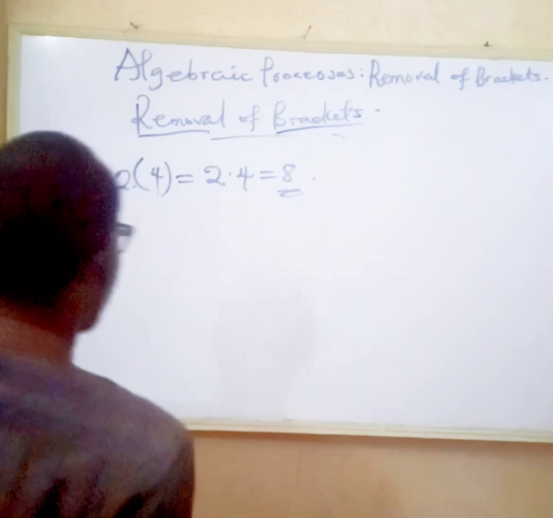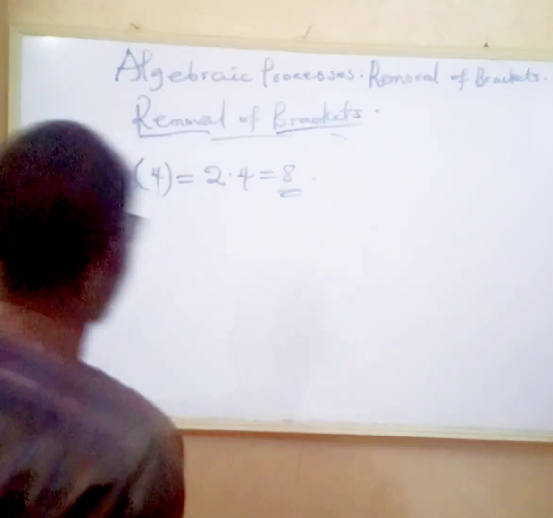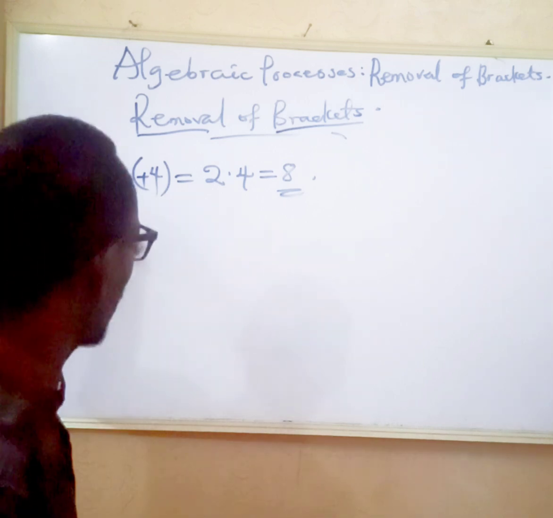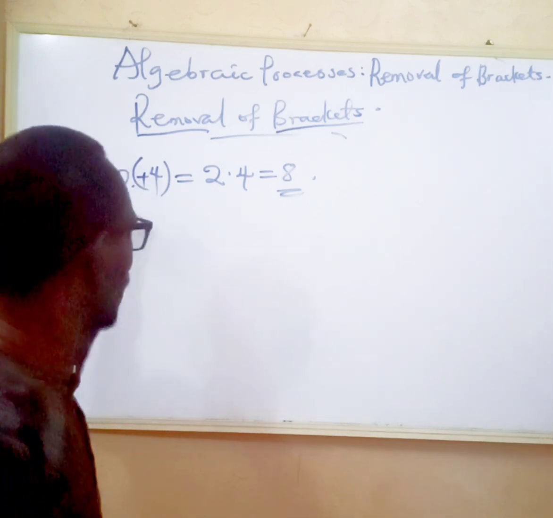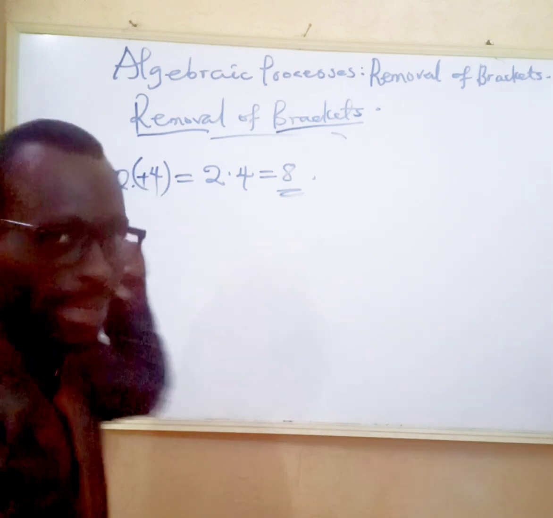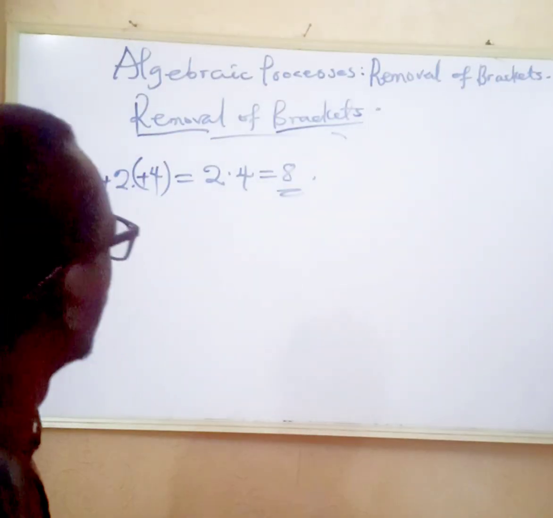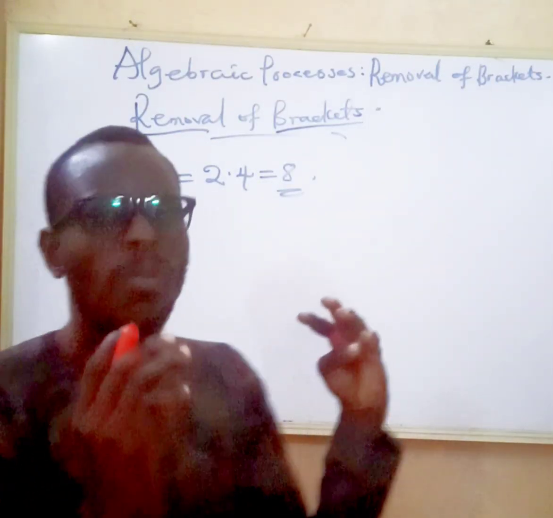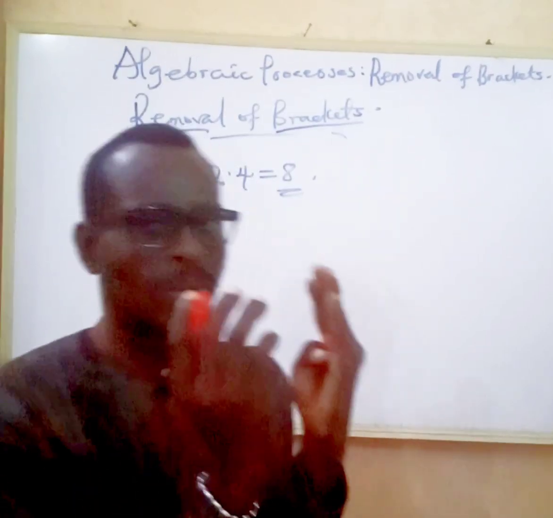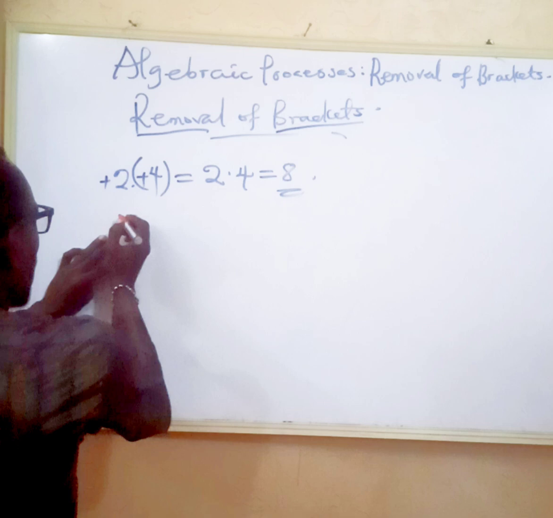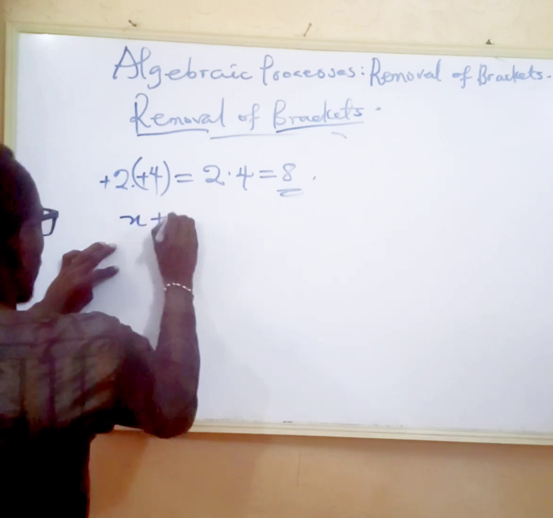Recall that we said during the change of sign that we have an imaginary plus, and plus times plus gives us plus. 2 times 4, that is 8. It is the same thing as plus 8. But when we are talking about the removal of a bracket in an expression, we'll be looking into an expression of this form, x plus 4.